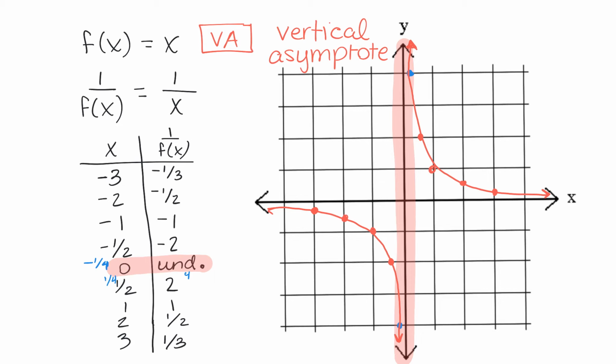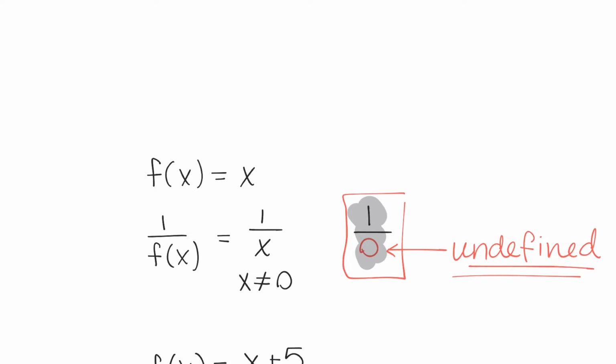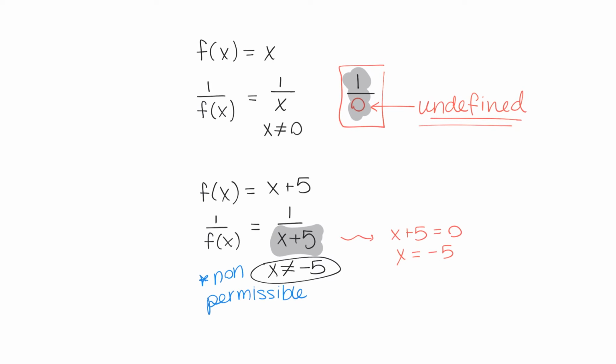All right, so let's go review what that means up here. Let's go back to where we were. Remember these guys? The same thing would happen in this. We had 1 over x plus 5. So our non-permissible value that gives us an undefined value is now going to be our vertical asymptote.